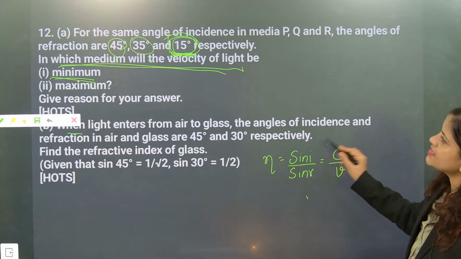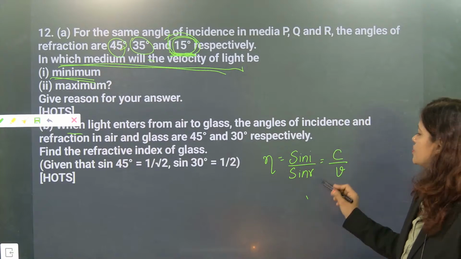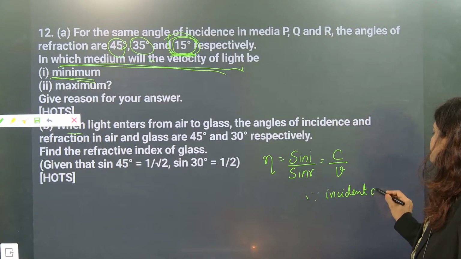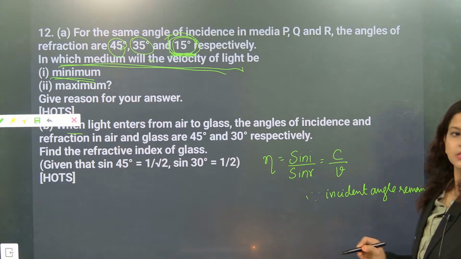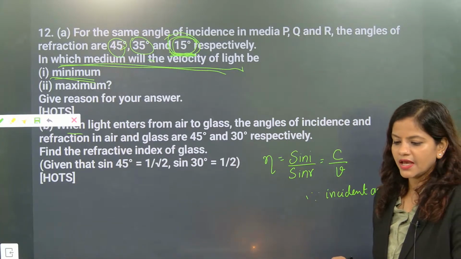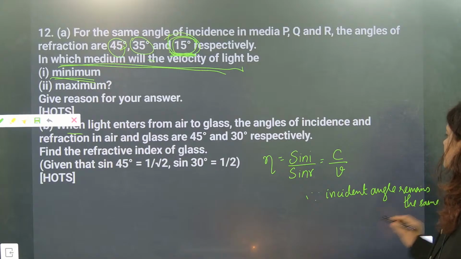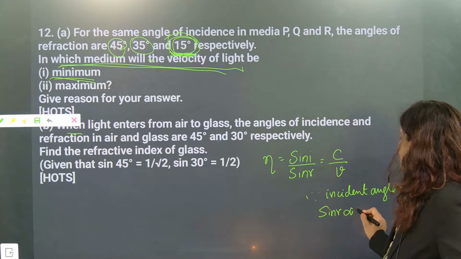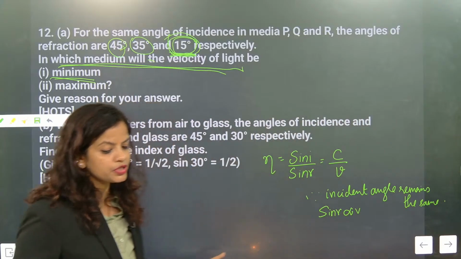Incident angle remains the same, so sin R is directly proportional to V.